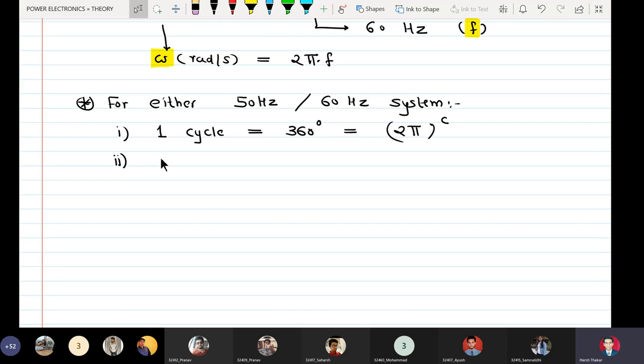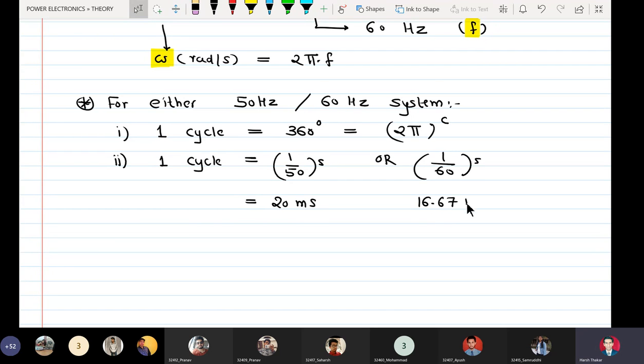The second thing is that one cycle is also equal to 1 over 50 seconds or 1 over 60 seconds, which is equal to 20 milliseconds or 16.67 milliseconds.